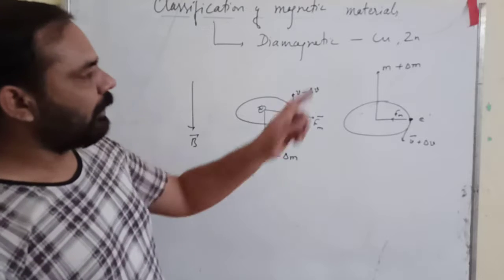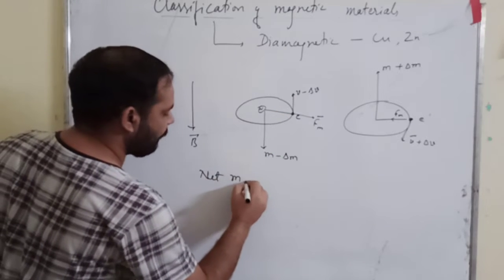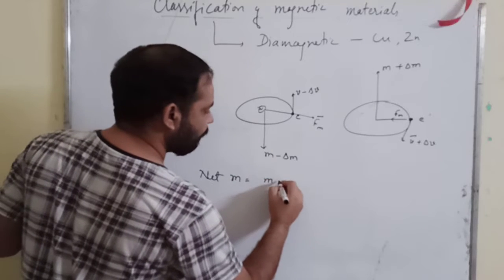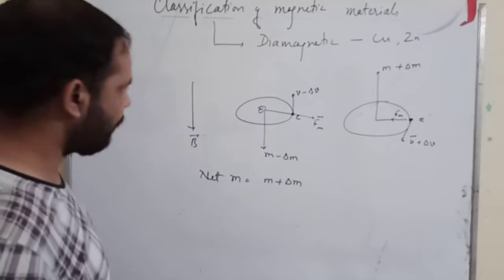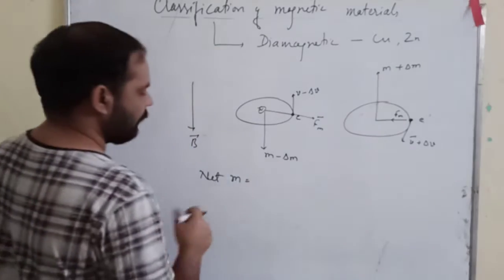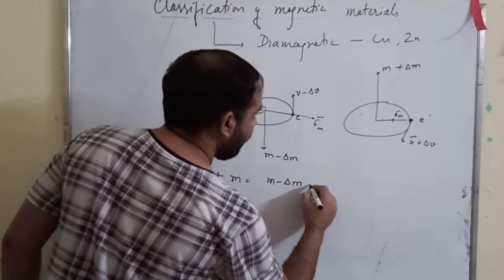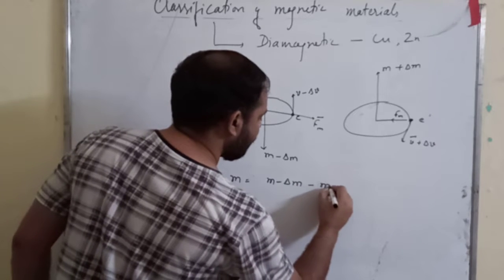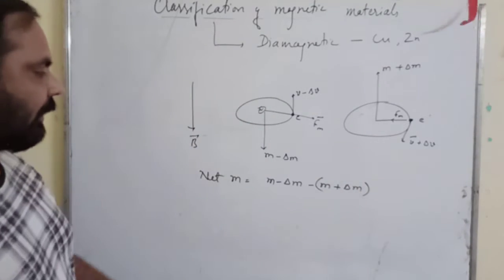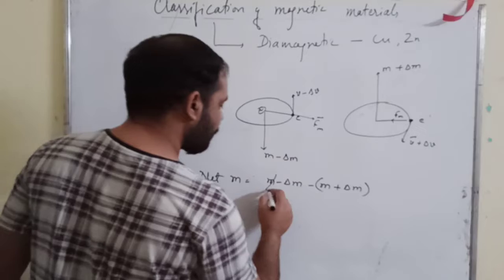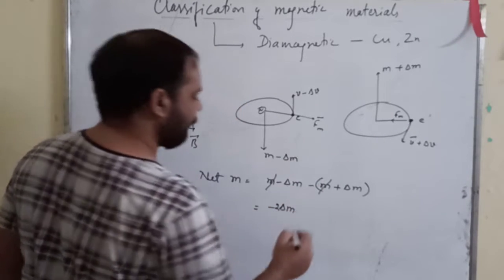Okay, so now if I take the net dipole moment, net m is equal to m plus delta m, just a minute, m minus delta m and minus m minus delta m, like this. Okay, the difference of the dipole moments is equal to minus 2 delta m.